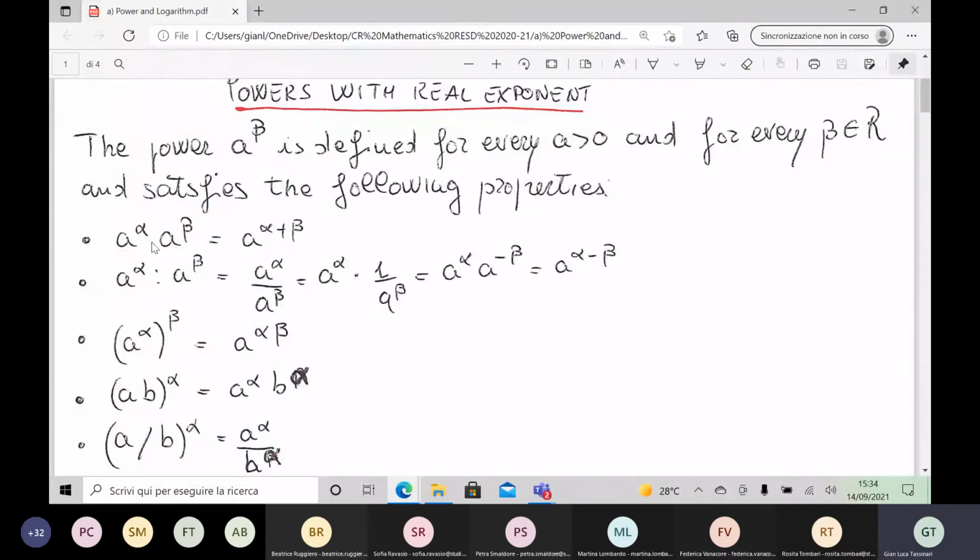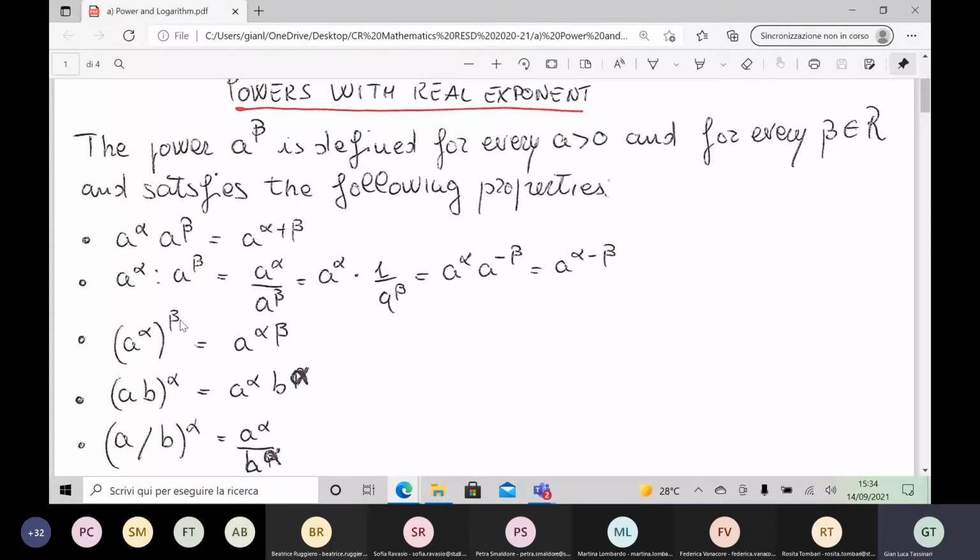So remember, a typical mistake we still see also in the master is the following: a to the power alpha times a to the power beta is a to the power alpha plus beta. Don't do a to the power alpha times beta. It's completely wrong. You can do alpha times beta if you have a so-called power of a power. You have a to the power alpha, everything raised to the power beta.